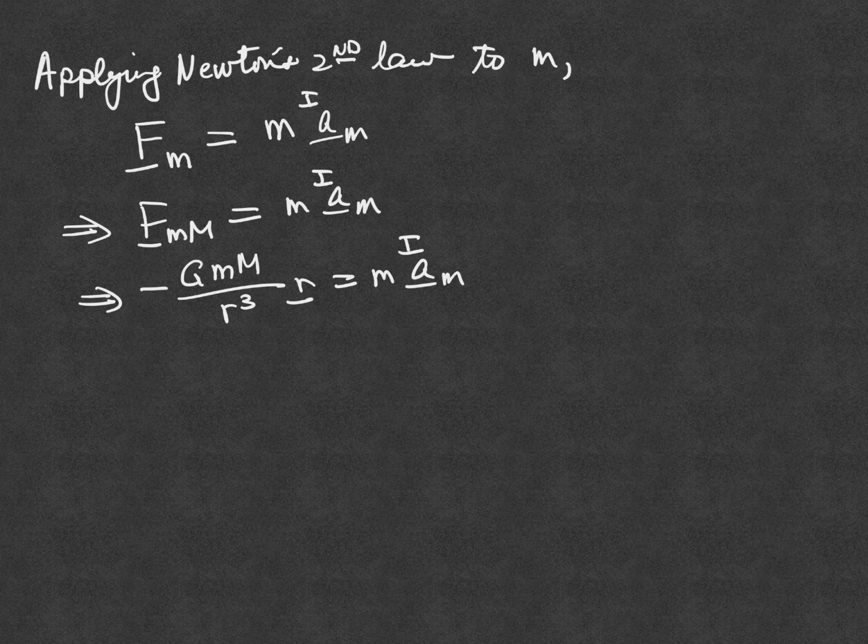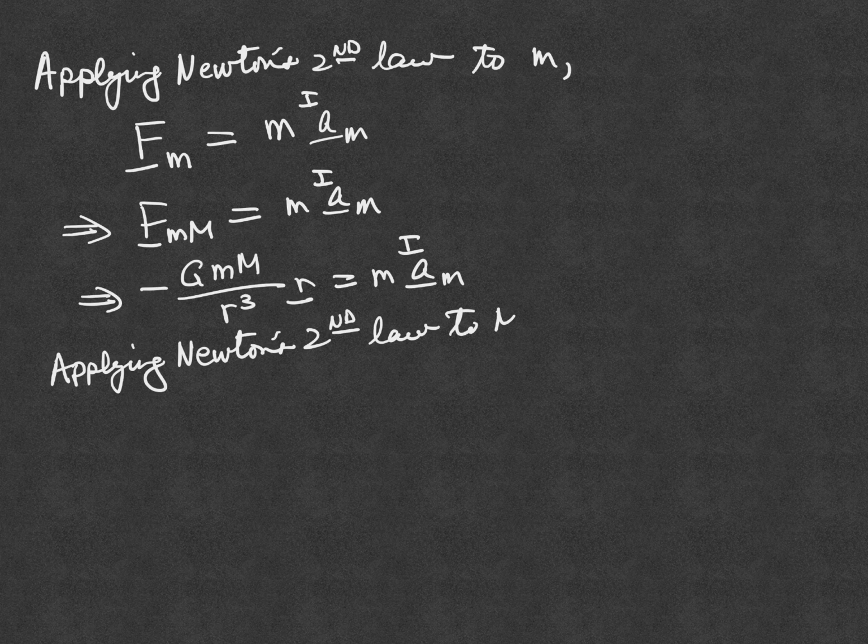Now you'll see that the other application of Newton's second law looks almost exactly the same, which is applying Newton's second law to big M. We have that the force exerted on big M has to equal the mass, which is big M, times the acceleration of big M in the inertial frame.